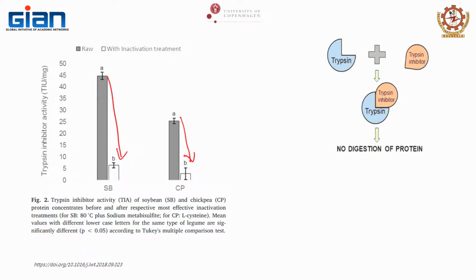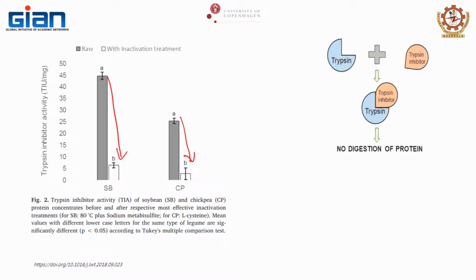Heat treatment is one of the very efficient methods to inactivate protease inhibitors. That is what most of us do, and that is the reason why food has to be cooked, the reason why legumes have to be cooked before we eat, right? Trypsin inhibitors make proteins indigestible, because I taught this yesterday in great detail. I do not teach it again. Trypsin is an enzyme that hydrolyzes protein in your digestive system. There is another protein called trypsin inhibitor that interacts with trypsin and makes trypsin inactive.